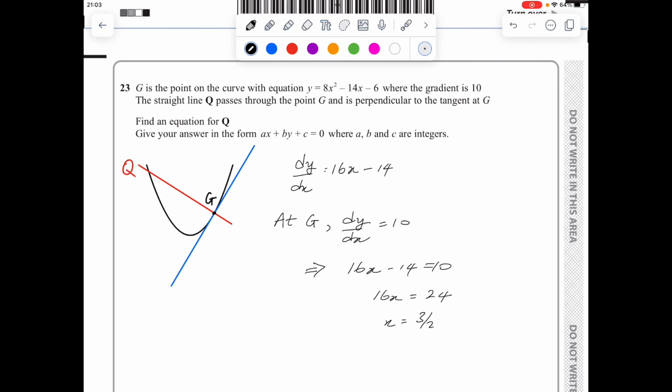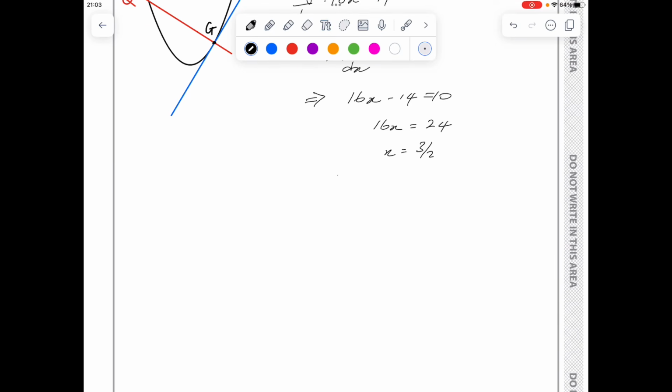That's the x coordinate of G, and since G is on the curve, I will substitute this value into this equation to find the y coordinate of G. So y equals 8 times (3/2) squared minus 14 times 3/2 minus 6 gives me a value of minus 9, which implies that point G is (3/2, minus 9).